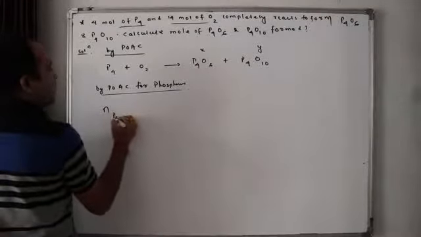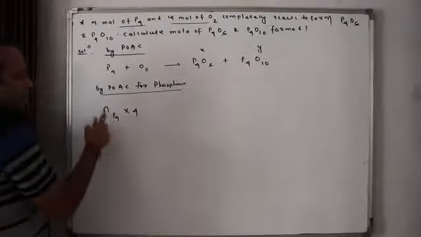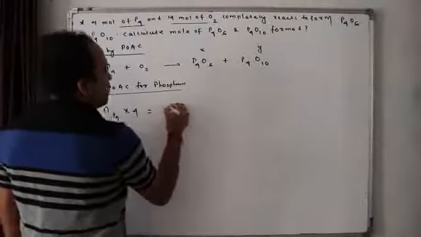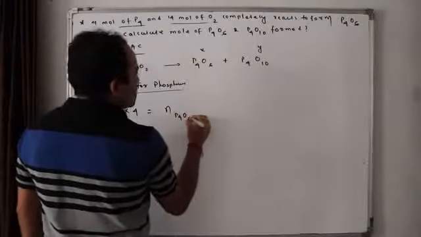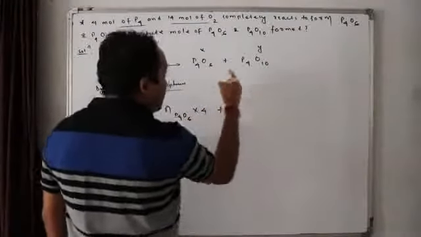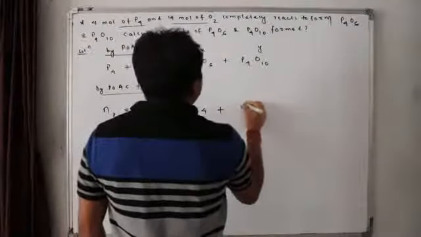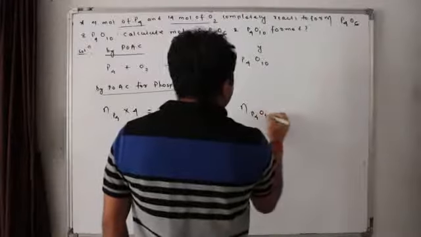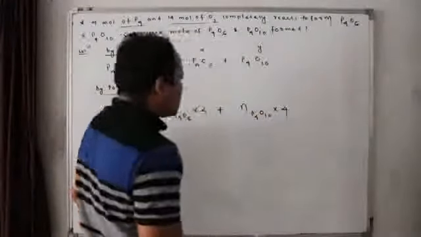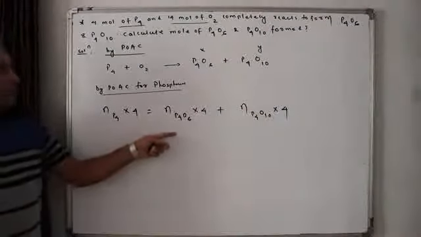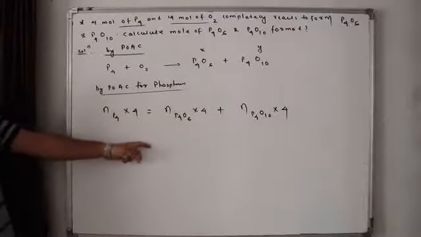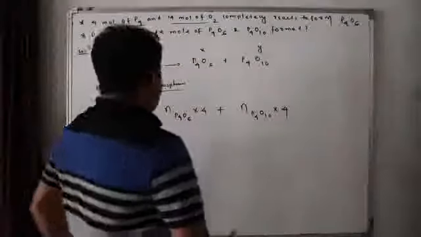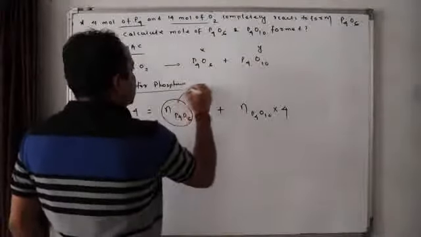Number of moles of phosphorus into 4, since each molecule of phosphorus has 4 atoms, is equal to number of moles of P4O6 into 4 plus number of moles of P4O10 into 4. Do you understand now? Why am I doing 4, 4, 4 both times? Because in each case, phosphorus is 4.